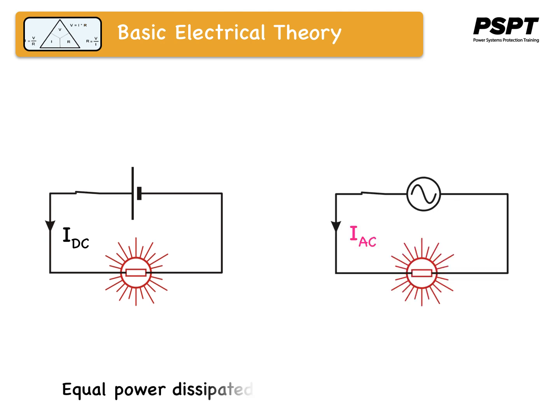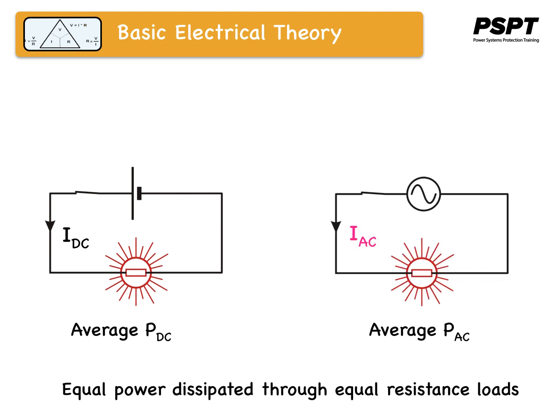Now, if we close the switch and complete the circuit on the AC side, let's assume we can adjust that circuit so that the light bulb lights with the same intensity as the DC circuit. So there's going to be a certain amount of AC current flowing in that circuit.